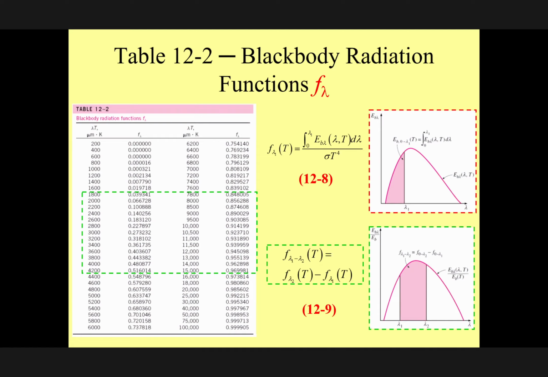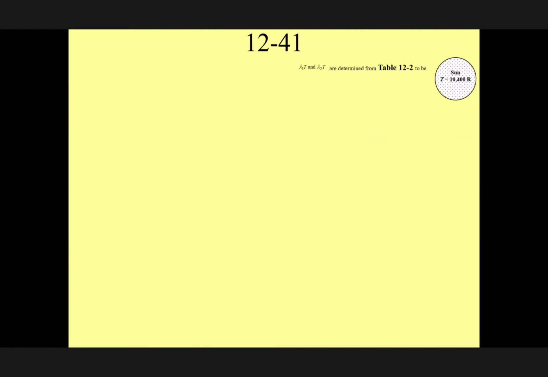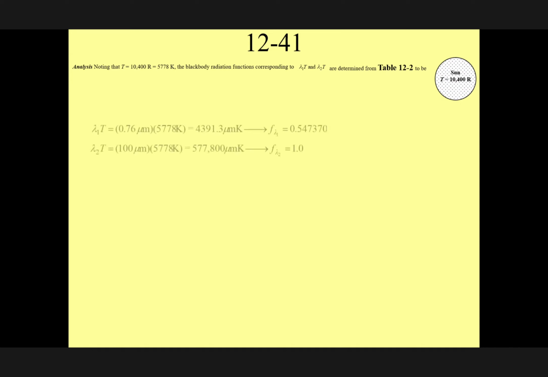Okay, so let me go ahead slowly. Therefore, this is equivalent to 5778 Kelvin. Therefore, your temperature in Kelvin is this one. And you know what lambda 1 is, 0.76. You know what lambda 2 is. It means 100. Therefore, you calculate lambda 1 T and lambda 2 T, and you go to table 12.